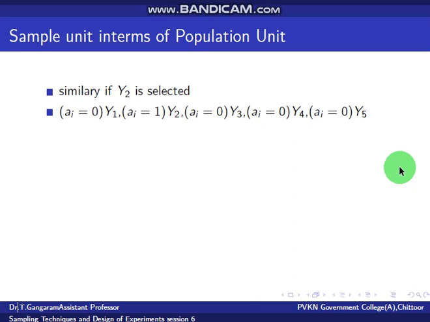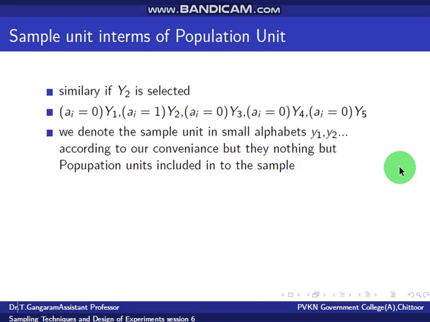Since the random variable becomes 1 only, the population units become sample units. We denote the sample units in small letters, y1, y2 like that, according to our convenience, but they are not different values; they are population units included in the sample.